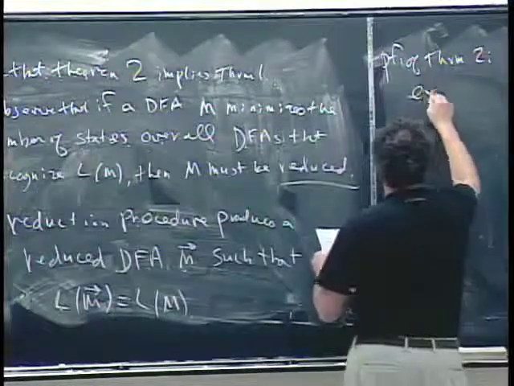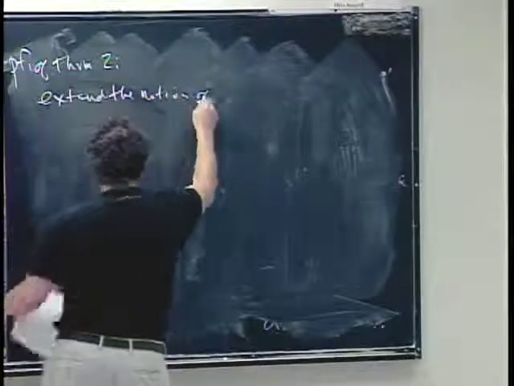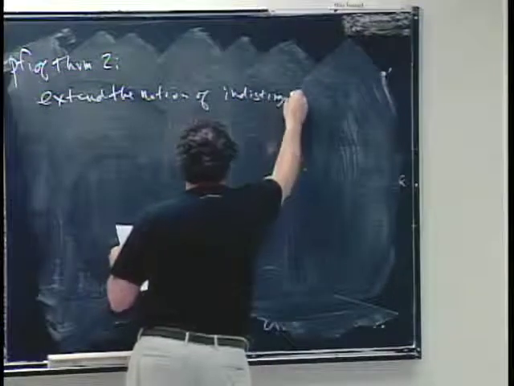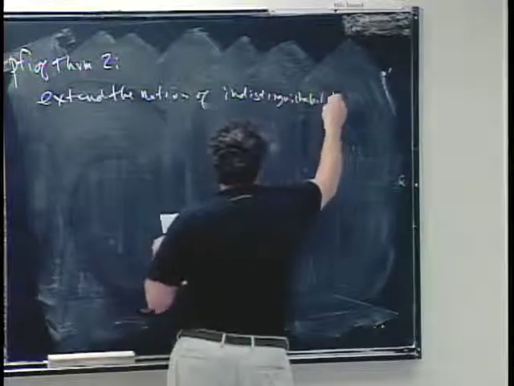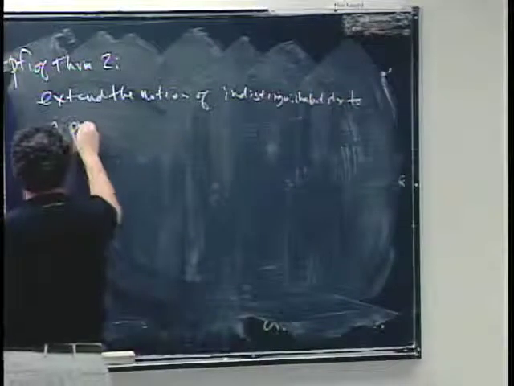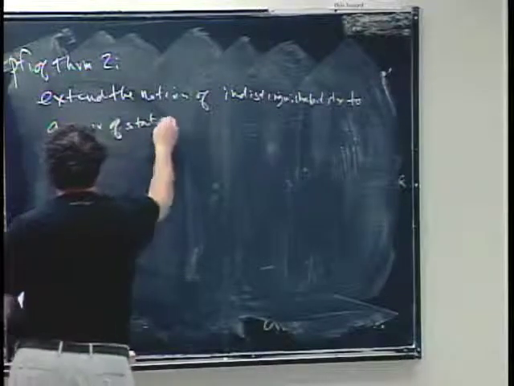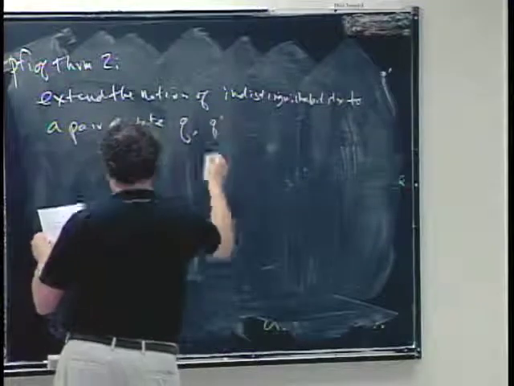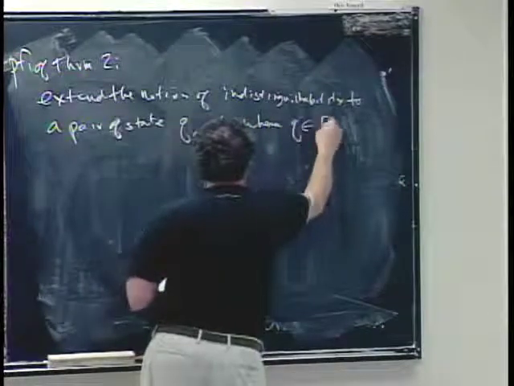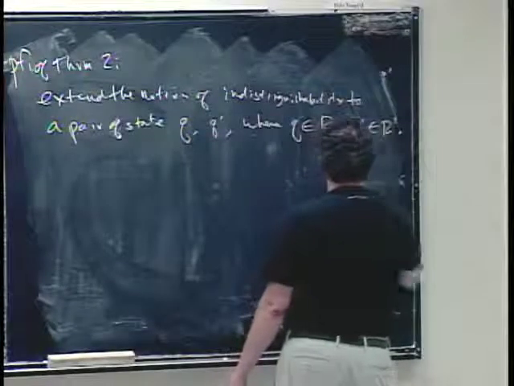So extend the notion of indistinguishability to a pair of states, Q, Q prime, where Q is in the one DFA R and Q prime is in R prime.